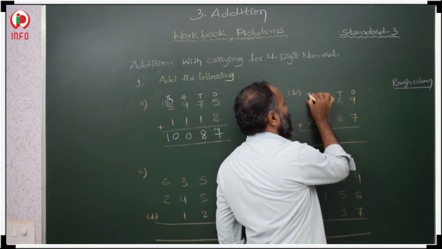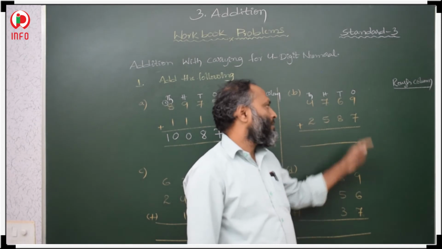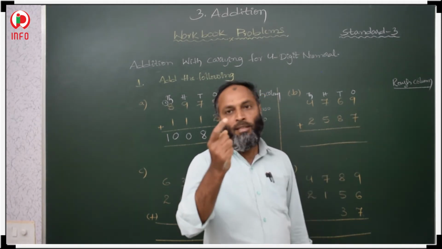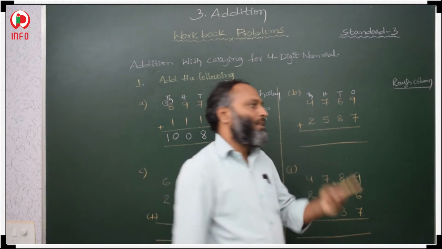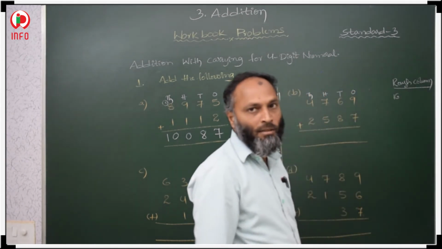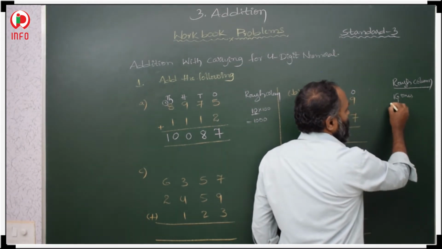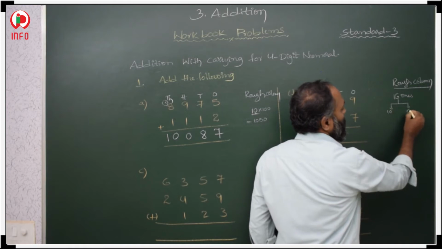Now in the second question, first this is ones place, this is tens place, this is hundreds place, this is thousands place. Now you start adding from ones place. 9 plus 1, 9, 10, 11, 12, 13, 14, 15, 16. 16 ones. 16 ones is nothing but 10 plus 6.